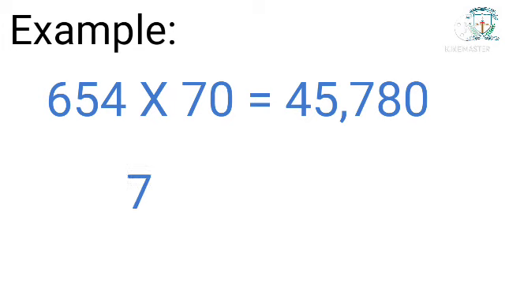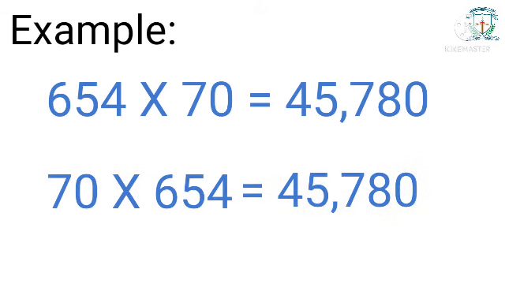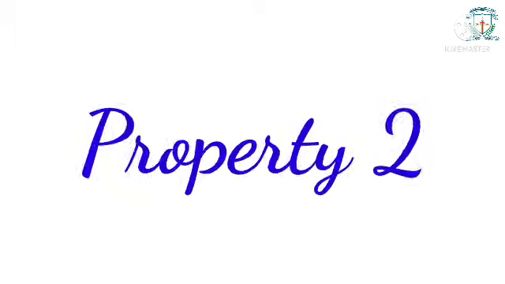Now, if we interchange the multiplicand and the multiplier, the product remains the same. That is, 70 multiply with 654, we get 45,780.